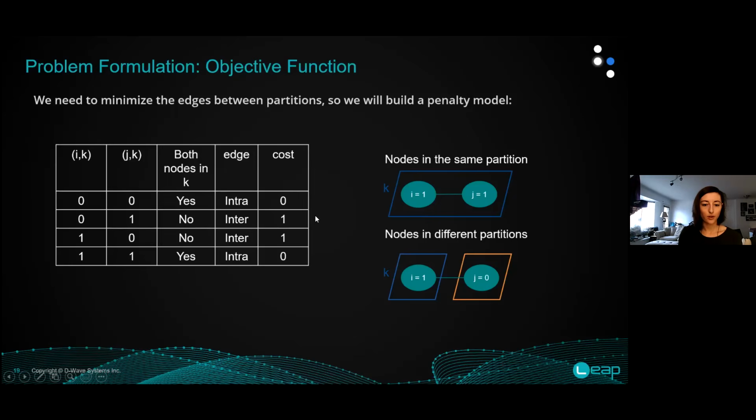For rows 2 and 3, we're going to assign a penalty factor of 1 in order to make this scenario less favorable for the solver. So we increase the energy of that circumstance so that the solver doesn't want to choose it as much as it wants to choose the case where dependent nodes are in the same partition.